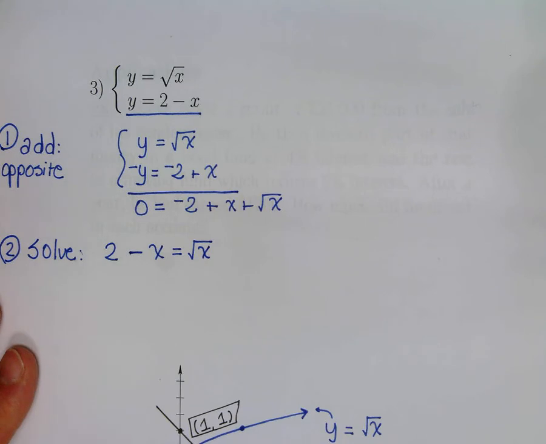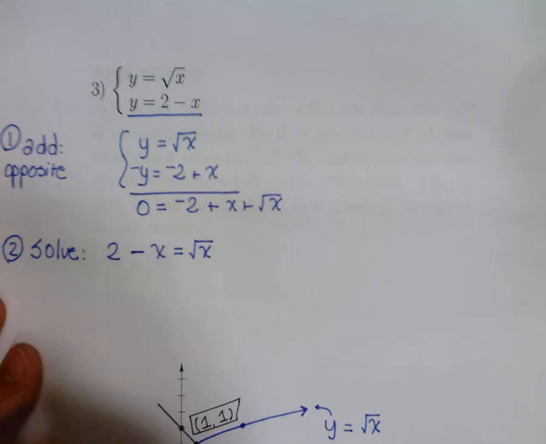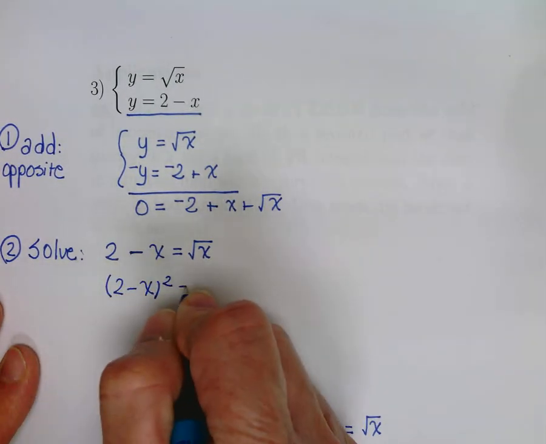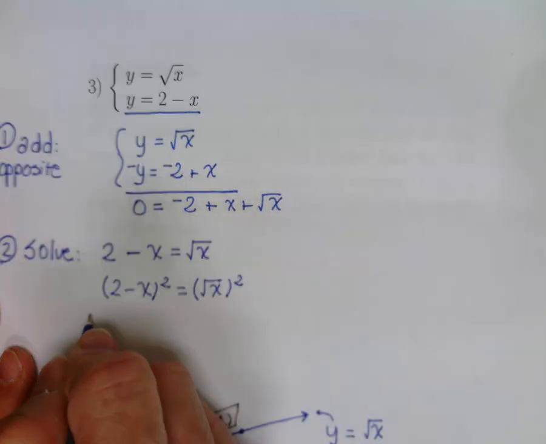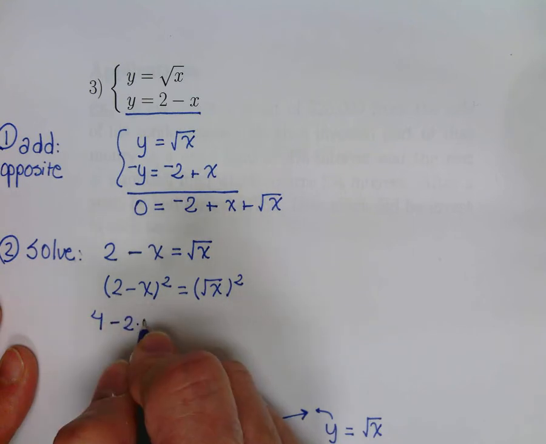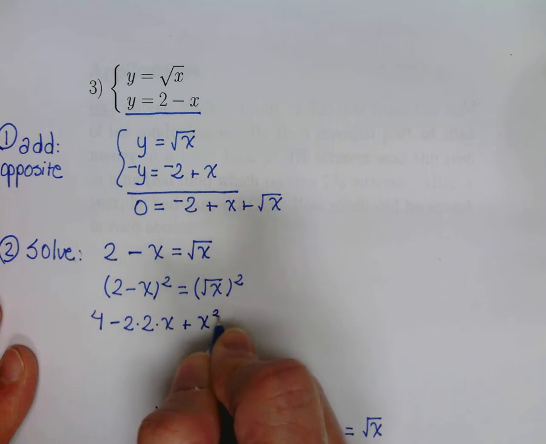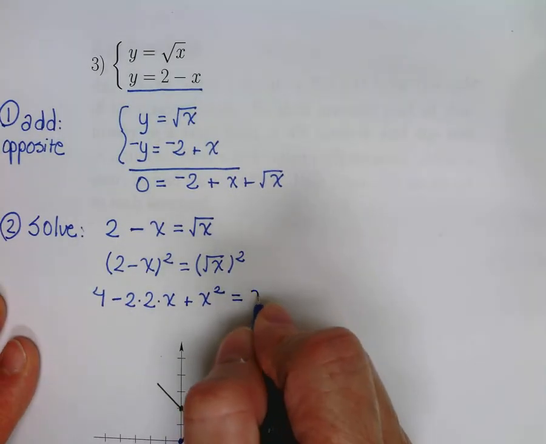And so then what do we observe? How do we solve that equation? We square both sides. So if I square that, I get 4 minus, again using our special product, 2 times x plus x squared, and the square root of x squared we know is just x.